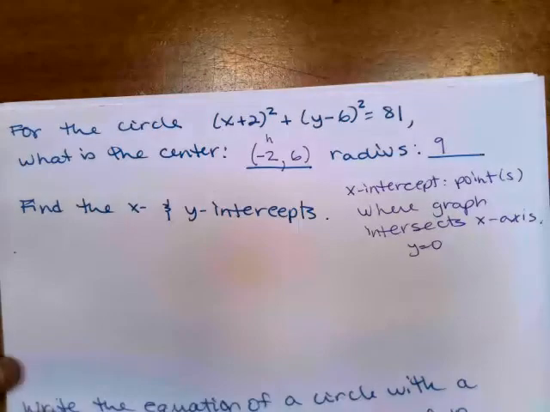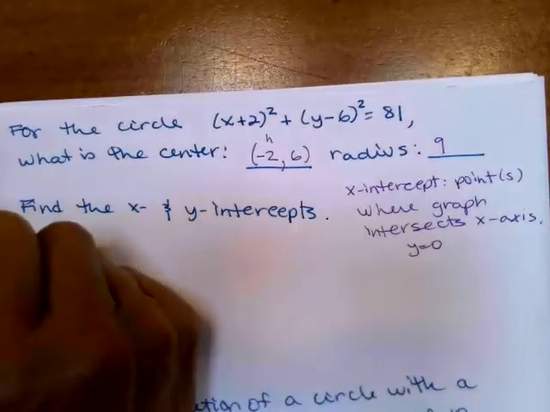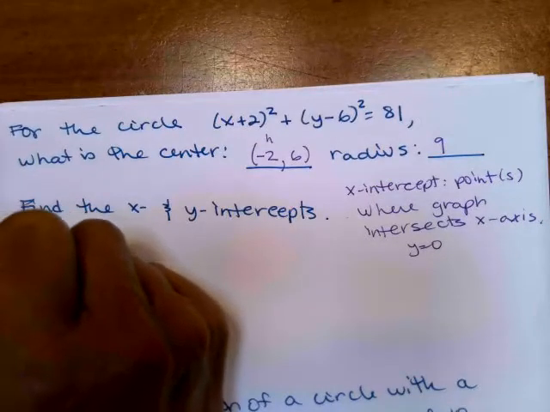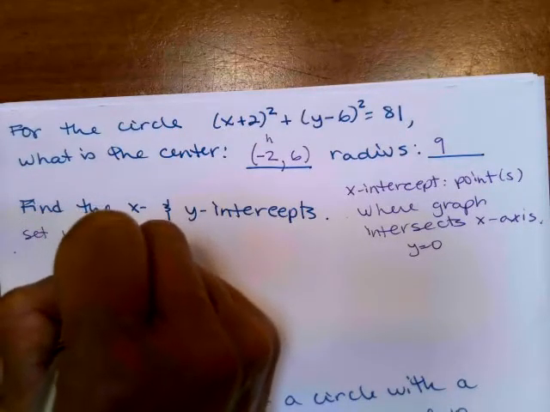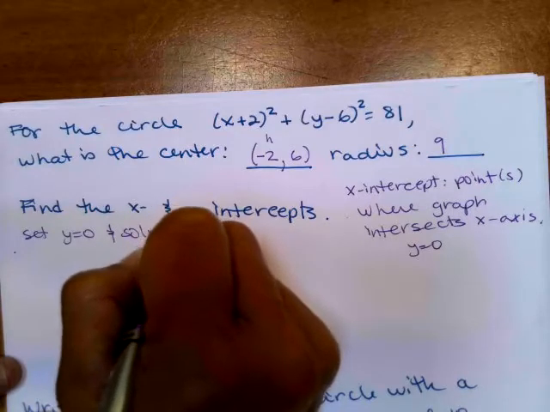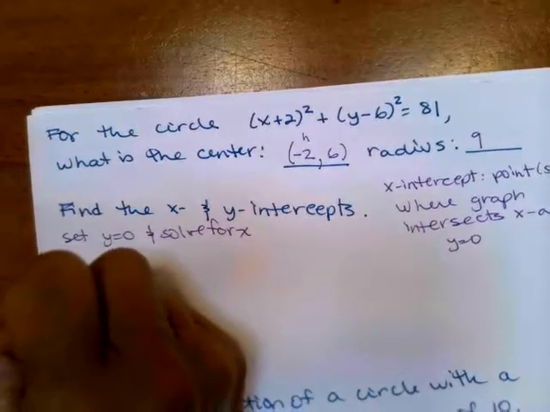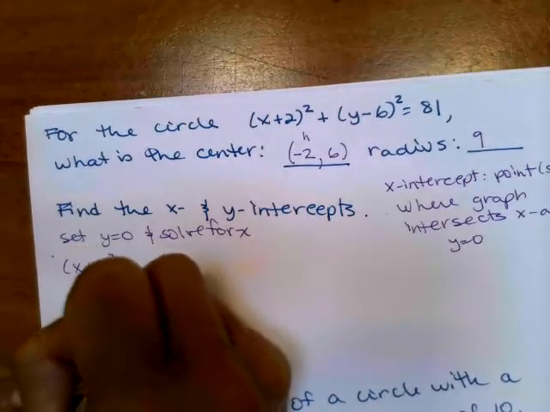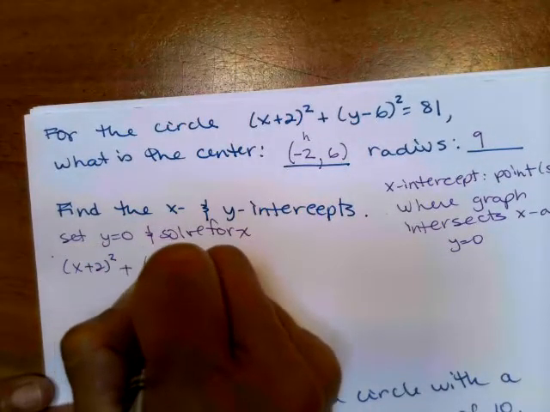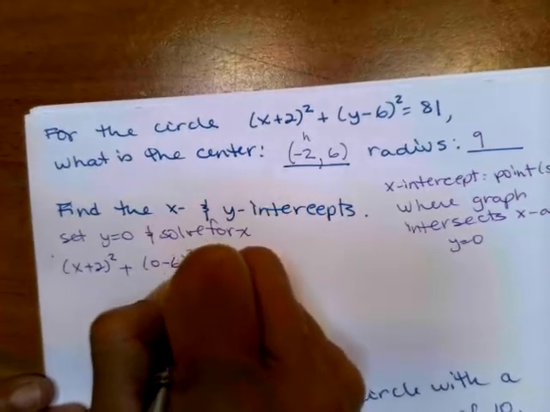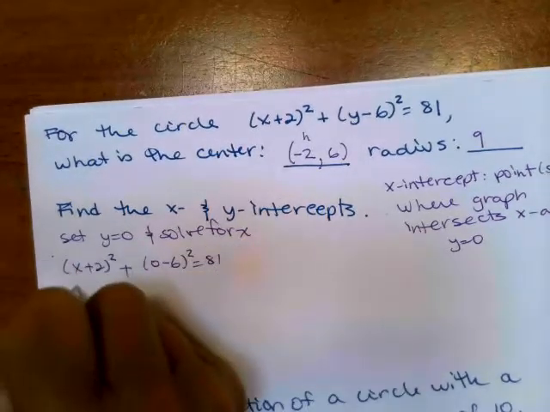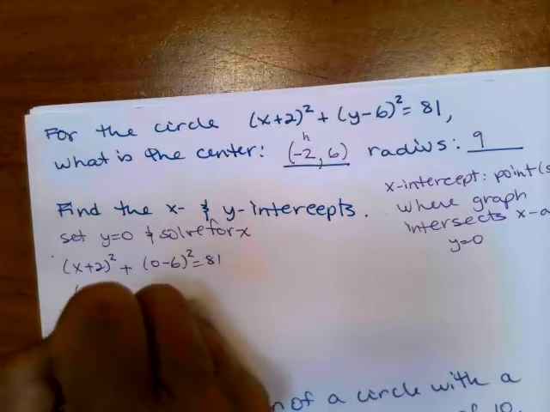So here we go. Let's find the x-intercepts first. We're going to set y equal to 0 and solve for x. So (x + 2)² + (0 − 6)² = 81. I'm not going to FOIL that out.